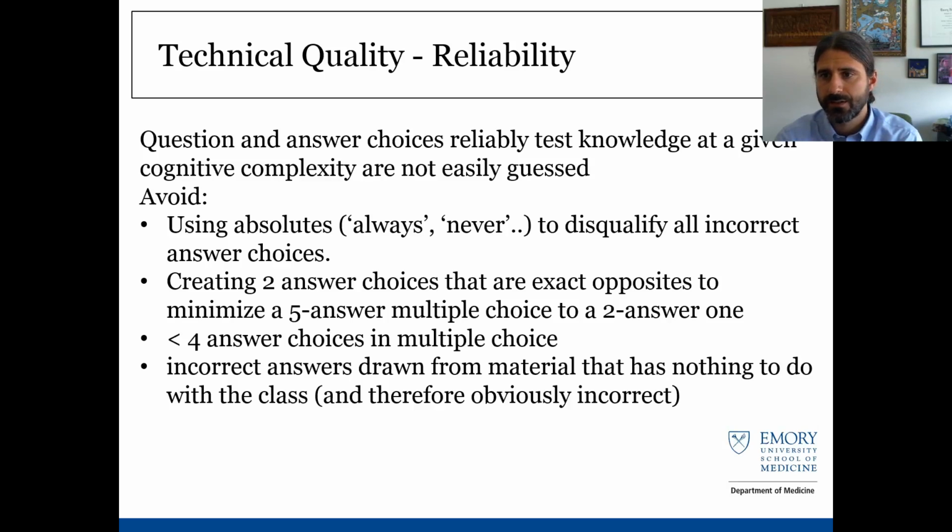Creating two answer choices that are exact opposites is sometimes a way to reduce a five-answer multiple choice to a two-answer one. There should be at least four or more answer choices in a multiple choice. Also avoid drawing the incorrect answers from material that has nothing to do with the class and is therefore obviously incorrect. Make sure all the answer choices are conceivably inside the class.